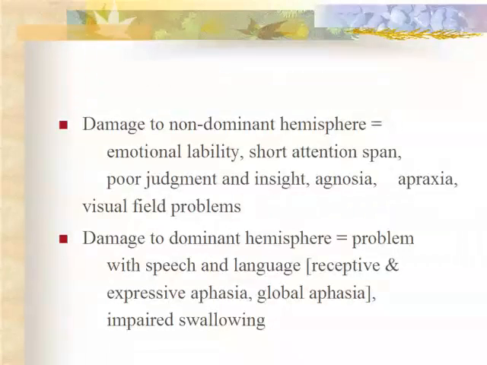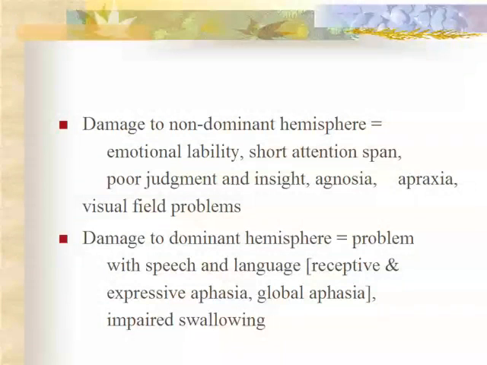If you have damage to the non-dominant hemisphere, you'll have emotional lability. That means you'll laugh really easy and then you cry, and you may be doing that to a joke, or you're laughing and crying, or you may be doing it to the news that somebody you cared for died. You just really don't have any control over your emotions.